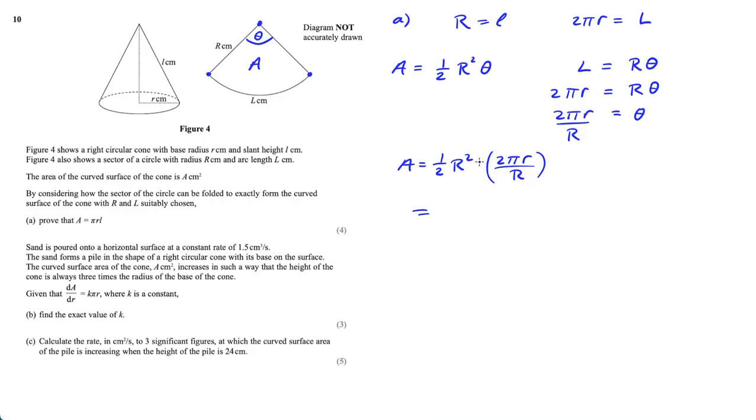One of the R's is going to cancel. So we're just left with pi, little r, big R. But we know the big R is L, so it's just pi r L. Okay, not simple, but fine.